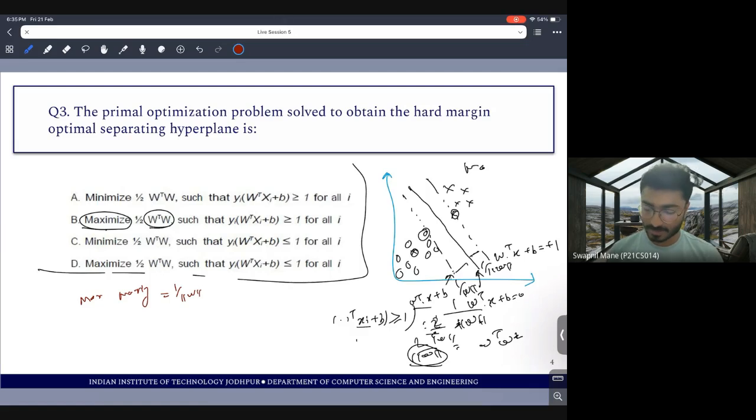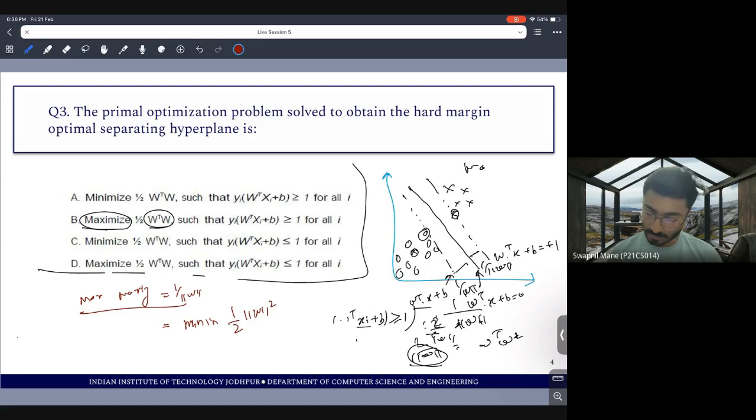So this maximize margin we can write in such a way that we need to minimize 1 divided by 2, because of the two distances from the positive class and the negative class, right? So we can write this W.